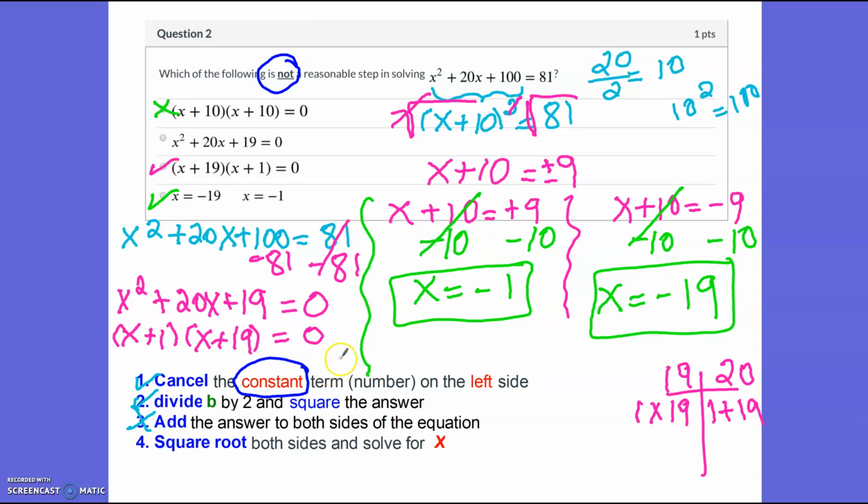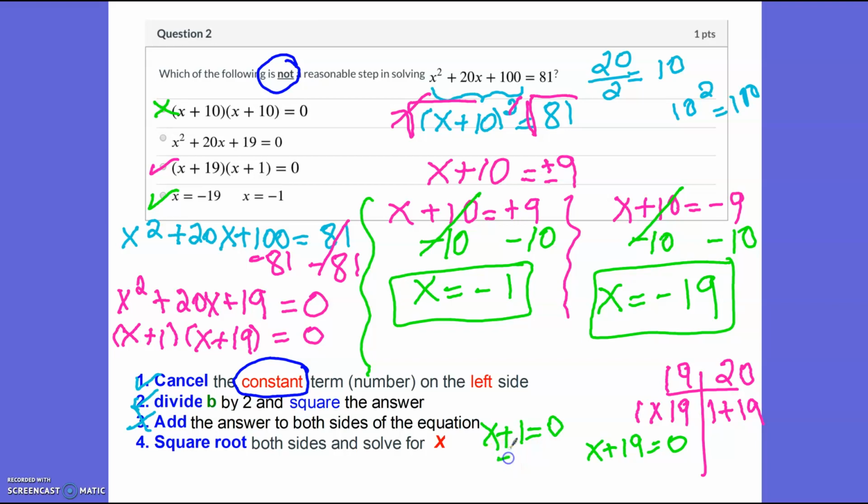So now I need to solve for x. So on this side, I will write the equations right here. x plus 1 equals 0 and x plus 19 equals 0.